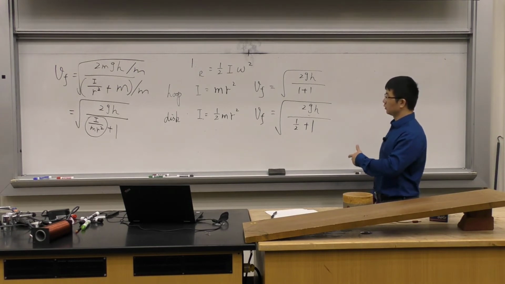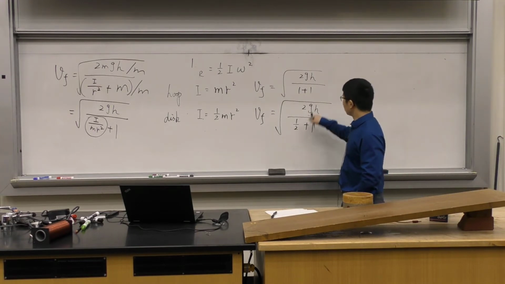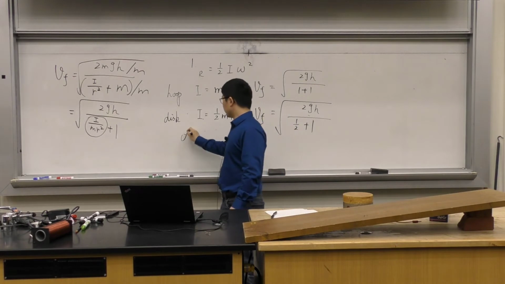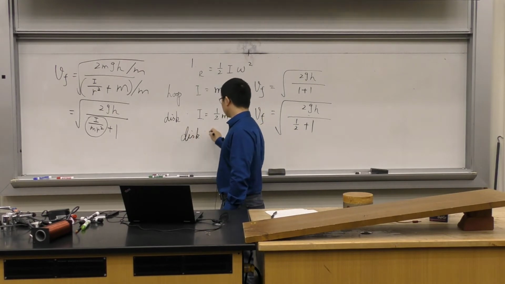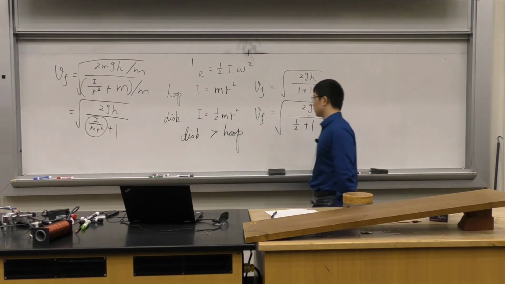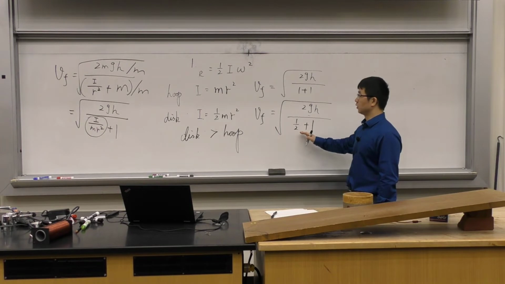Which number is going to be larger? This number is smaller than that, but it is in the denominator. So that means this whole number is going to be larger than that. So the disk is going to be faster than the hoop.